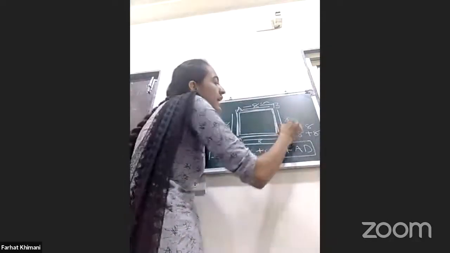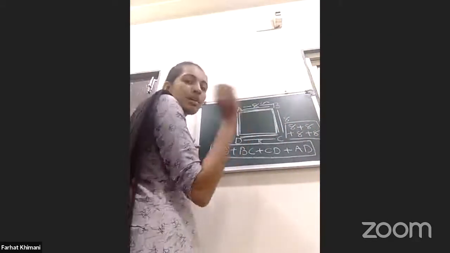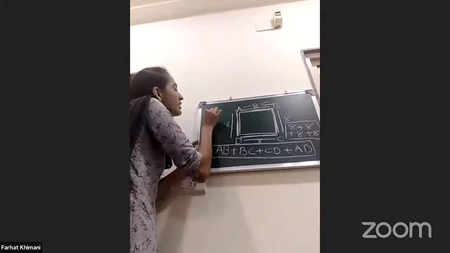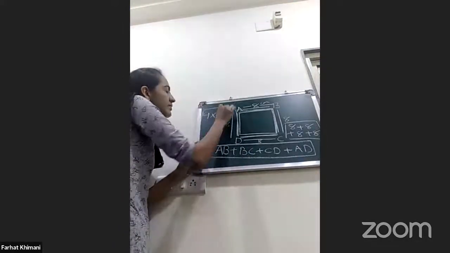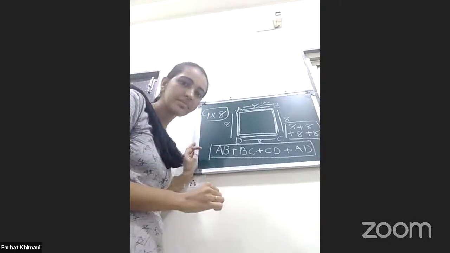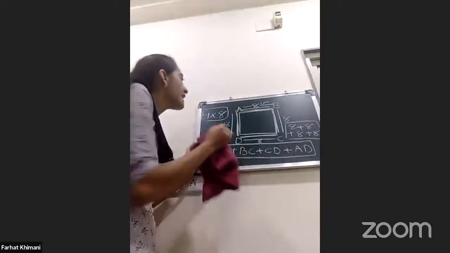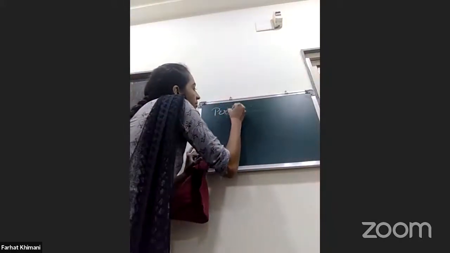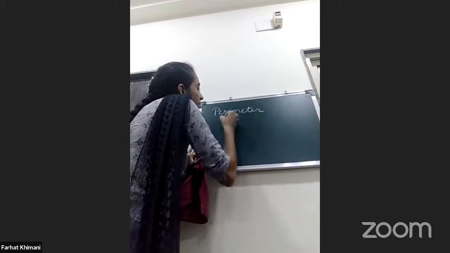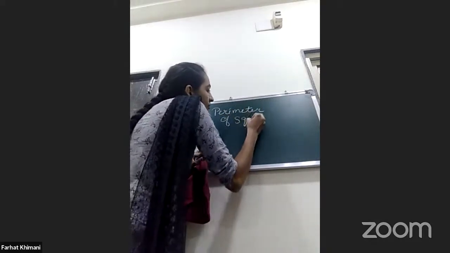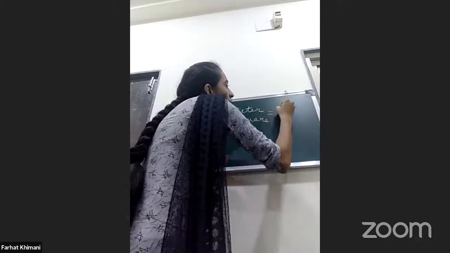So instead of adding it four times, we will multiply it with 4. So the formula for the perimeter of a square is four into length.